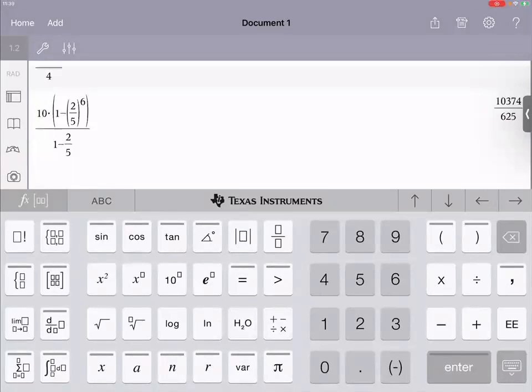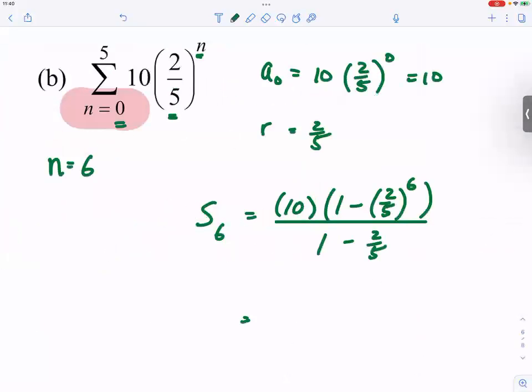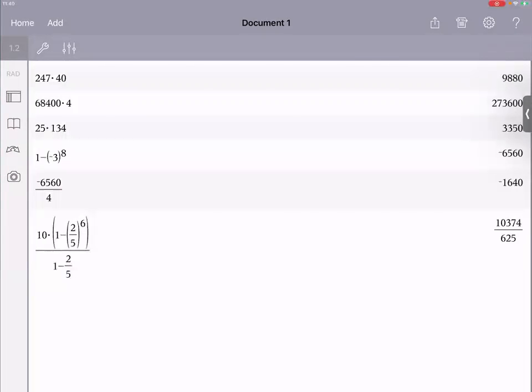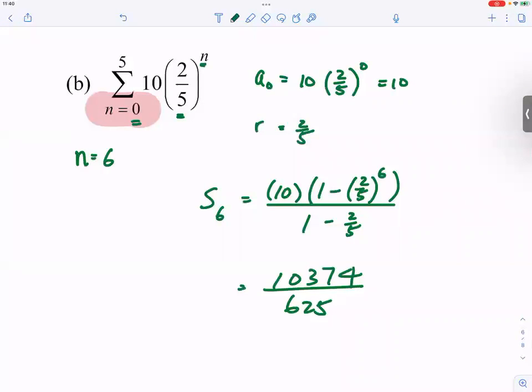You get 10,374 over 625. It is okay to express it as a fraction. That will be the total of the first 6 terms, from n equals 0 to n equals 5. The first term is the 0th term, and then you have the 5th term, so altogether 6 terms total. So N is equal to 6 again.